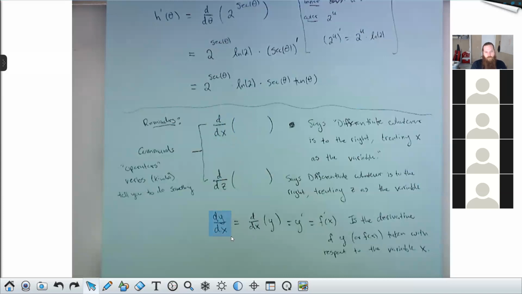This notation is what you get after applying this thing to y, or to f of x. This is the result of applying one of these operators. This is the derivative itself. This is a command that says differentiate whatever's next to me. This is what you get out from that process.